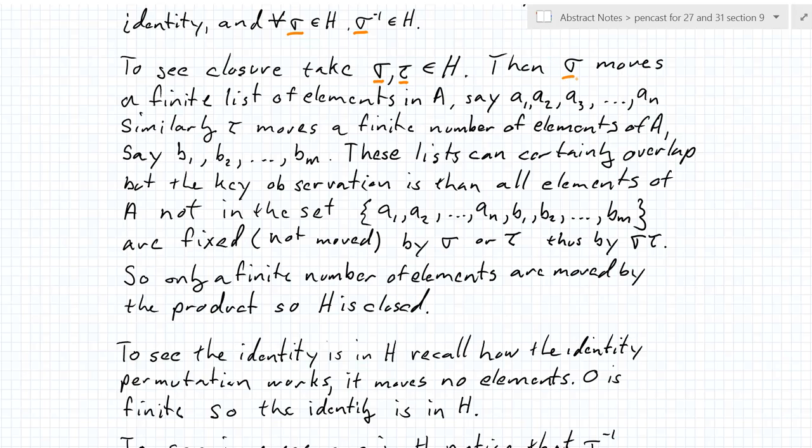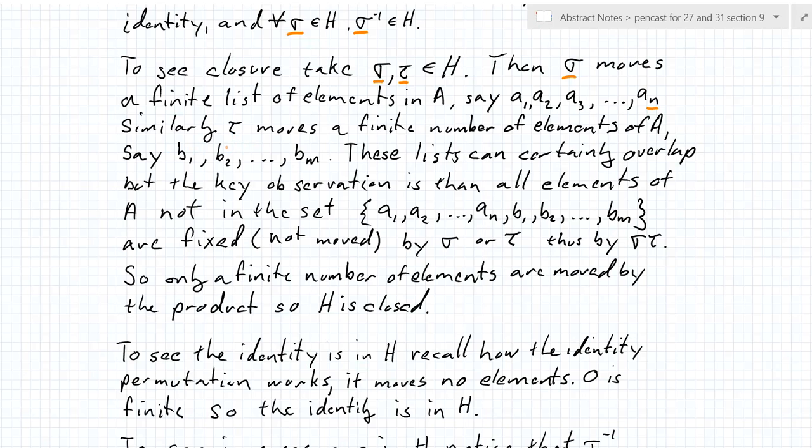So sigma in particular, just a random permutation from H, moves a finite list of elements in A. Let's just label them. It's a finite list, so it's going to be a natural number as the number of elements here: a1, a2, a3, dot, dot, dot. However many it moves, we know it's finite, so this is a finite list.